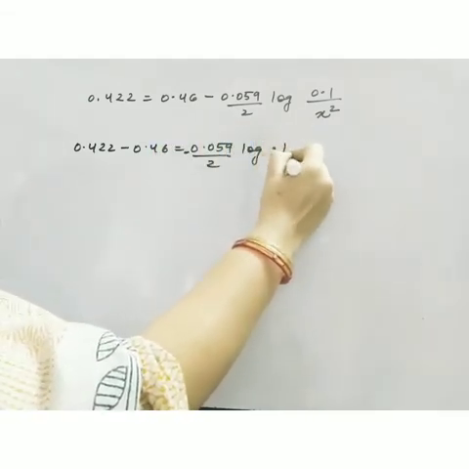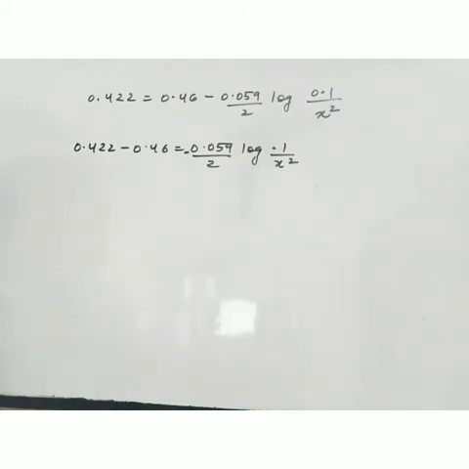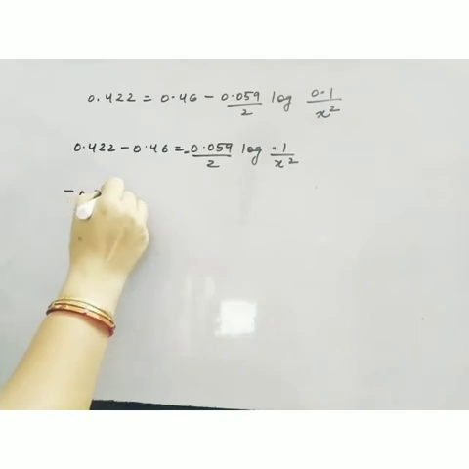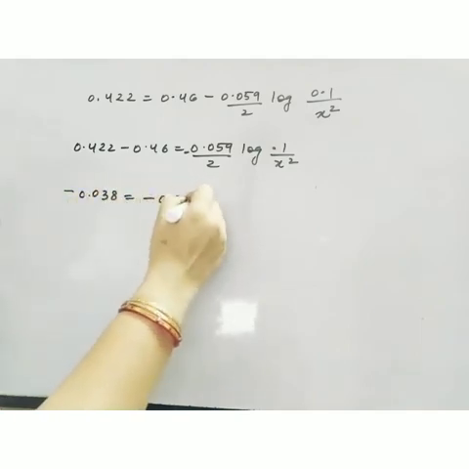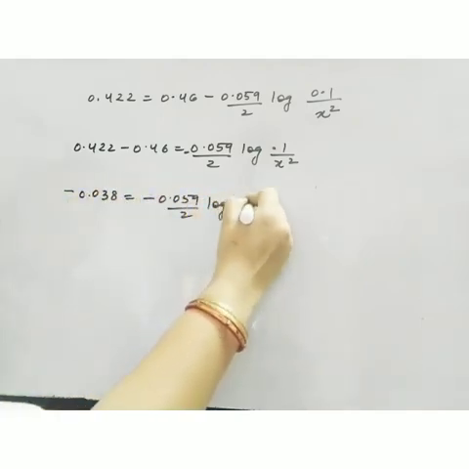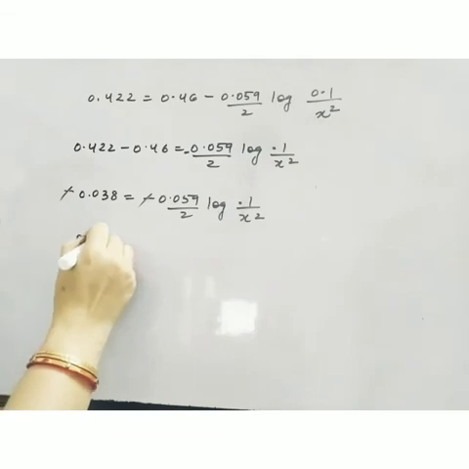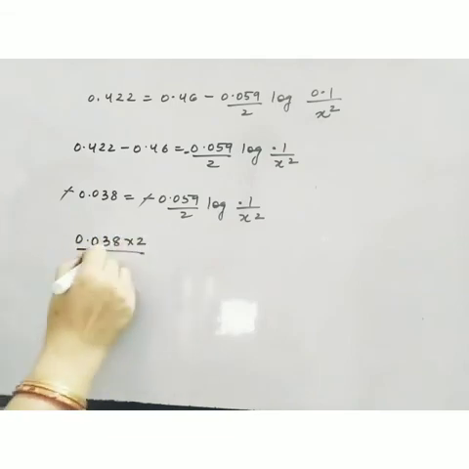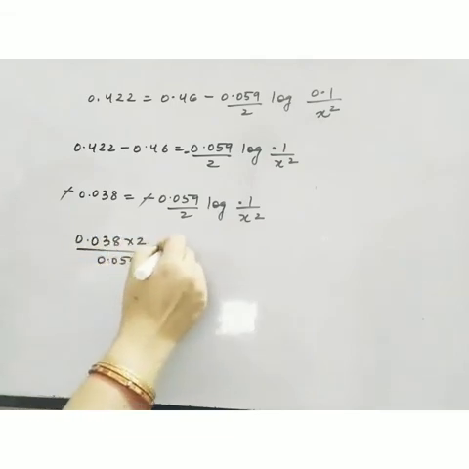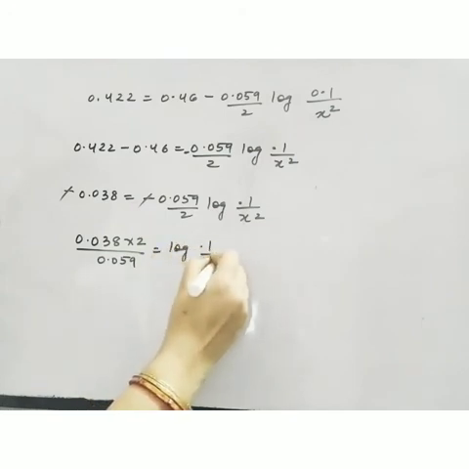So minus 0.038 is equal to minus 0.059 upon 2 log 0.1 upon x square. Minus sign will be removed from both the sides. So it is 0.038 into 2 upon 0.059 is equal to log 0.1 upon x square.